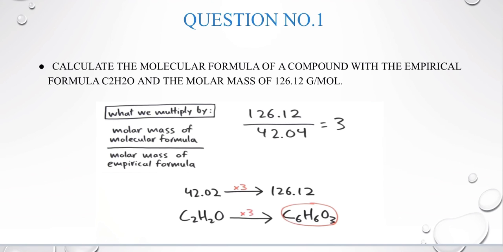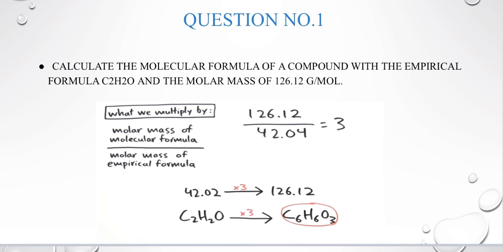This 3 is not the molecular formula, don't forget, since it's not a formula. It's just a whole number. So we have to multiply this number by the empirical formula in order to get the molecular formula. After multiplying 2, which is beside carbon, by 3, we get 6. So C6 until now.